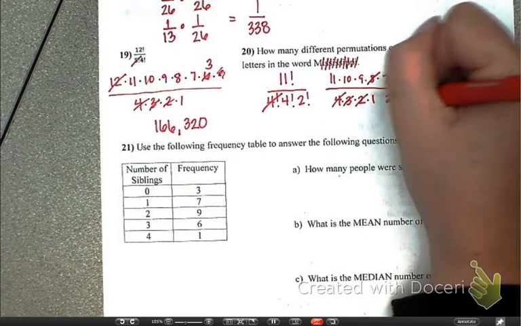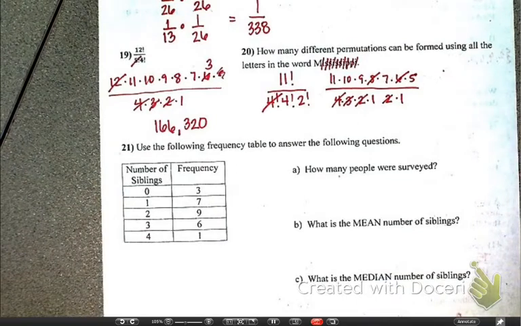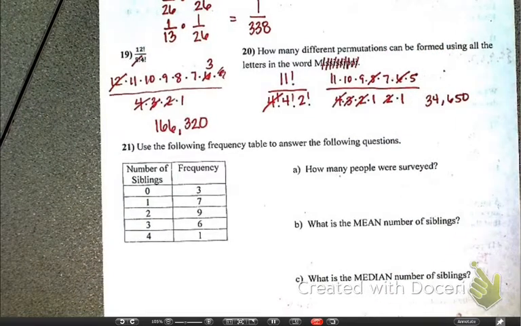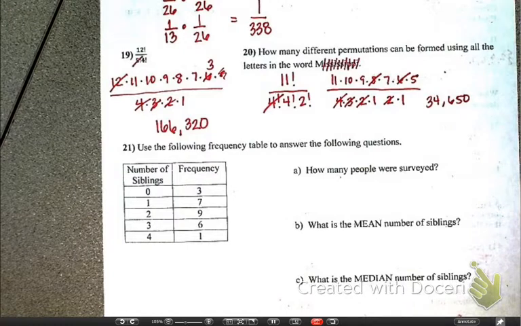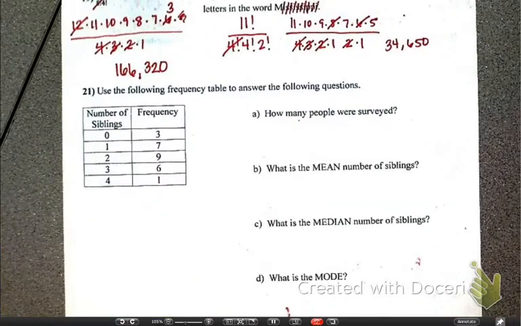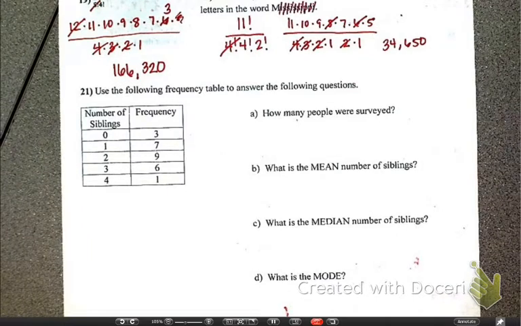And 3 times 2 is 6, so that cancels. 11 times 10 times 9 times 7 times 5 is 34,650. Questions on factorials? Okay. So again, my recommendation for these is to plug it into your calculator once, write down your answer, then clear it and do it again.